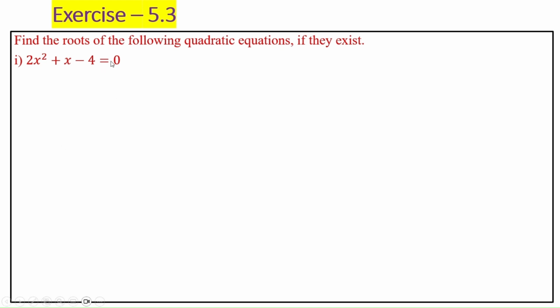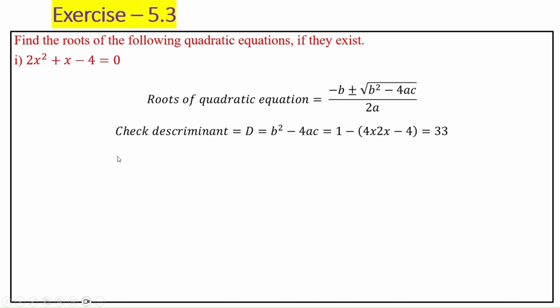2x square plus x minus 4 equal to 0. The roots of the quadratic equation we know: minus b plus or minus square root of b square minus 4ac, by 2a. Now check the discriminant. D equal to b square minus 4ac, which is 1 minus 4 into 2 into minus 4, that is 33.